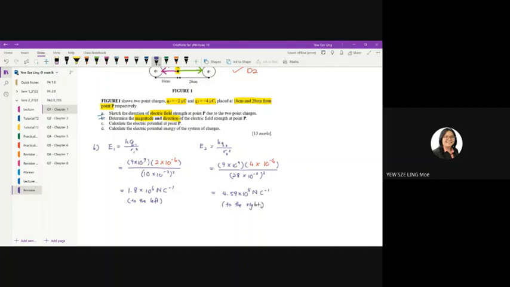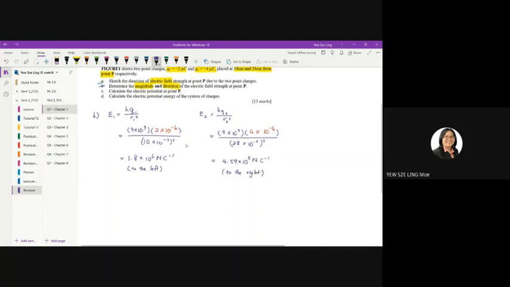So when it comes to resultant vector, you need to take into consideration the direction. So the electric field at point P is equal to, now E1 is to the left, so negative E1, plus E2 is to the right, plus positive E2.